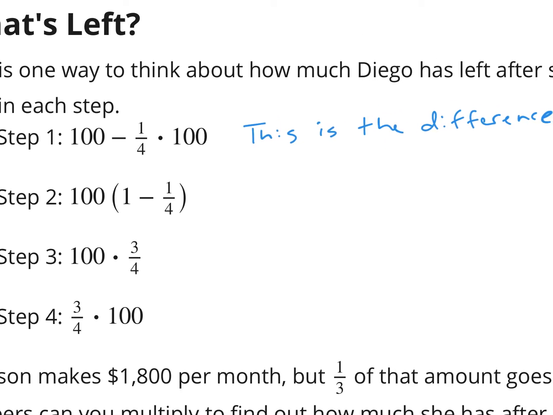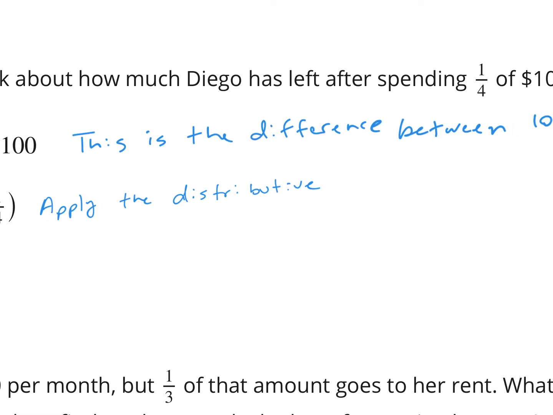Step 2, we apply the distributive property, right? So we can see that's how it's written, as a distributive property problem, or you could even think of it as factoring out 100.